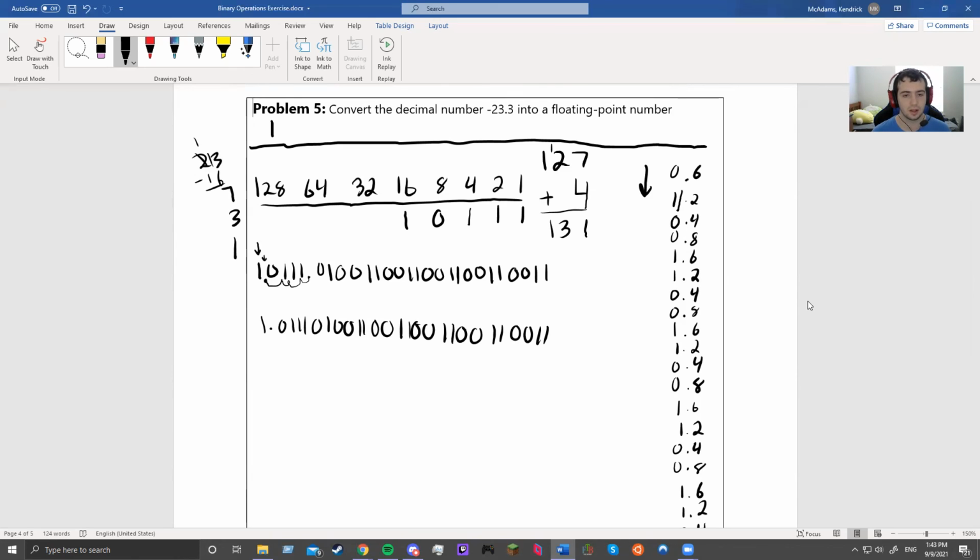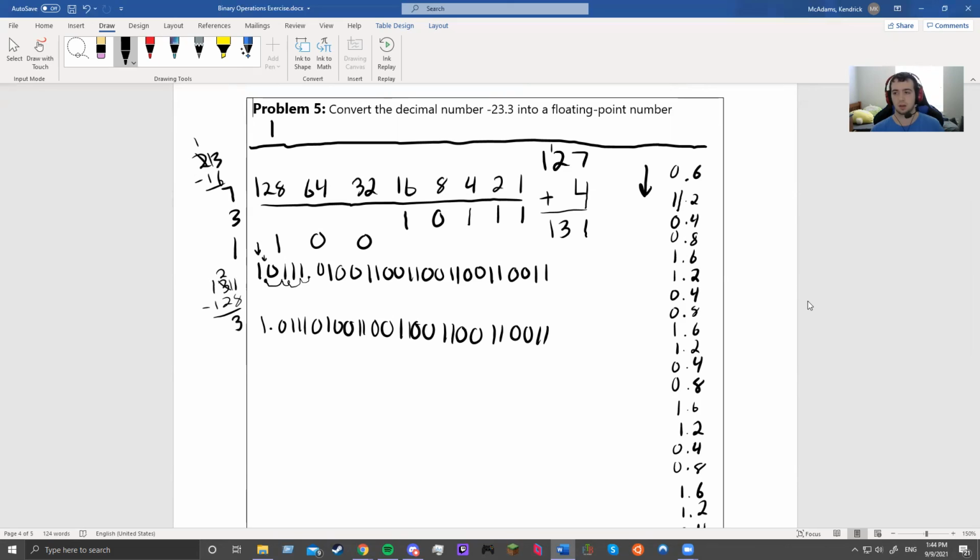The largest number that fits into 131 is 128, so we're going to put a 1 right here. Then 0, 0, because 131 minus 128 is just 3.